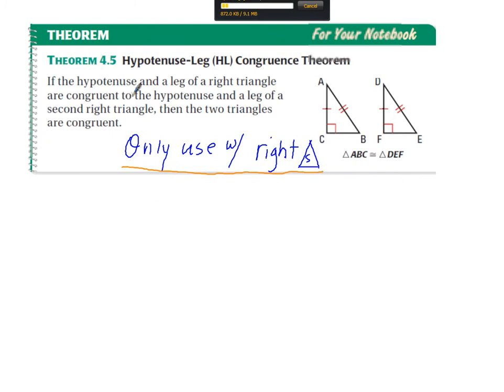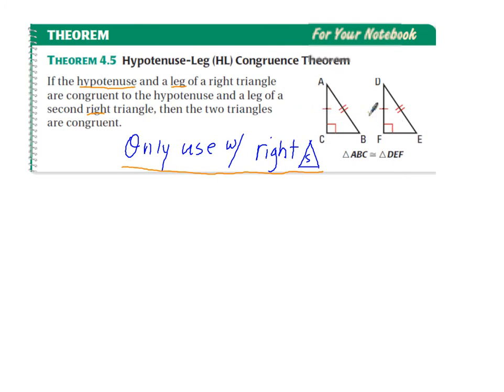So the congruence theorem states if the hypotenuse and a leg of a right triangle are congruent to the hypotenuse and the leg of a second right triangle, then the two triangles are congruent. So an example here, we have triangle ABC, which is congruent to triangle DEF because they're both right triangles, first of all.